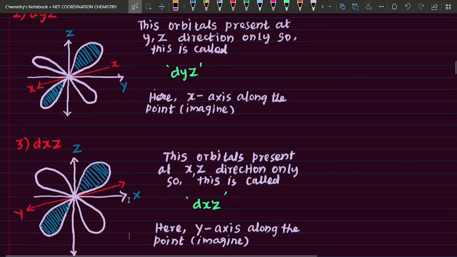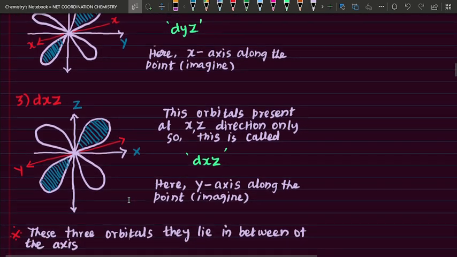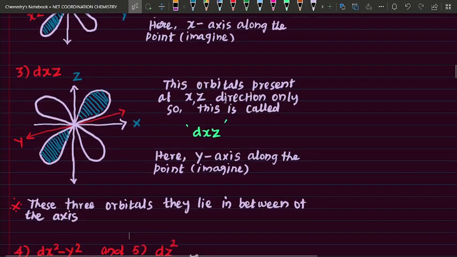Third one, dxz. These orbitals are present in the xz direction only, so this is called dxz. Here the y axis is along the point, going inside the board.